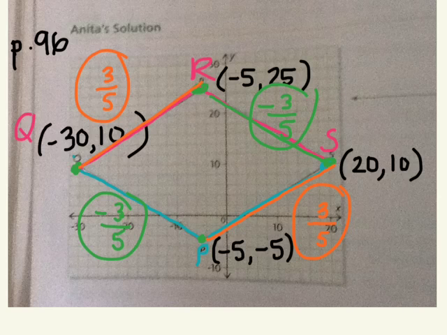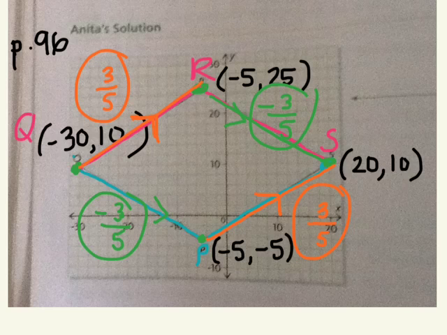What do you notice about the opposite line segments and their slopes? The opposite side lengths have the same slopes, which means that this line and this line are parallel, and these two lines are also parallel.